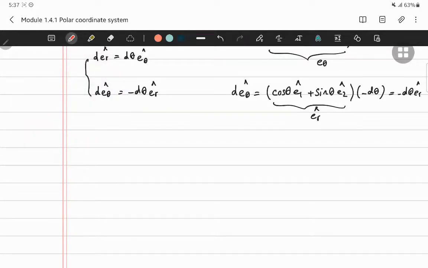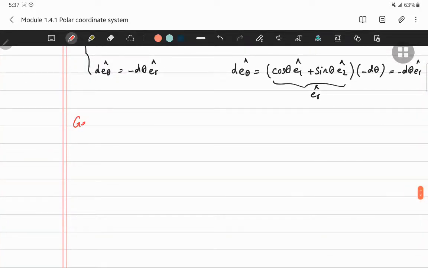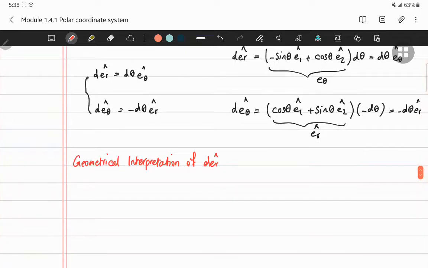So let's get to the geometrical interpretation of d er and d e theta.